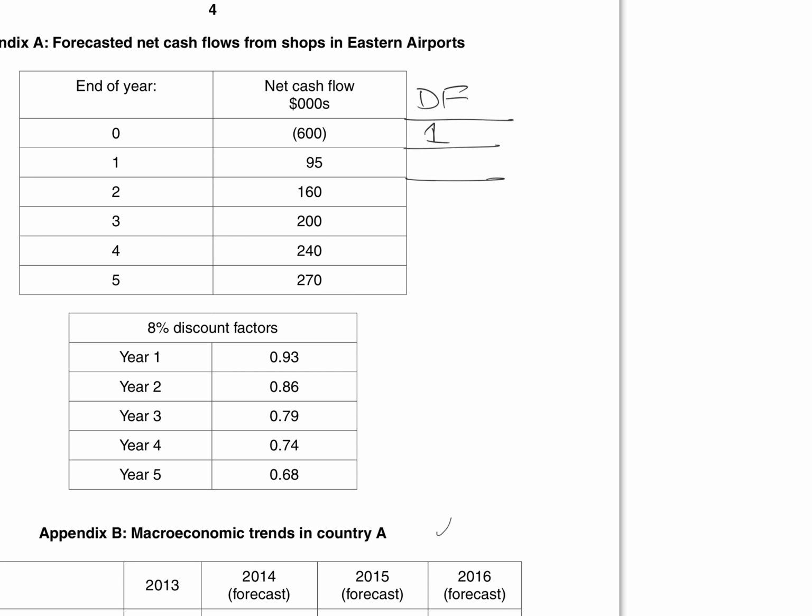For year 1, it is given to you as 0.93. Then 0.86 for the second year. For the third year, it's 0.79. For the fourth year, it's 0.74, and for the fifth year, it's 0.68.